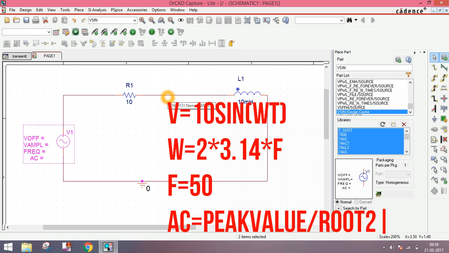Peak value by root 2. So what is 10 by root 2? It is 7.07, sorry. So we set the value.